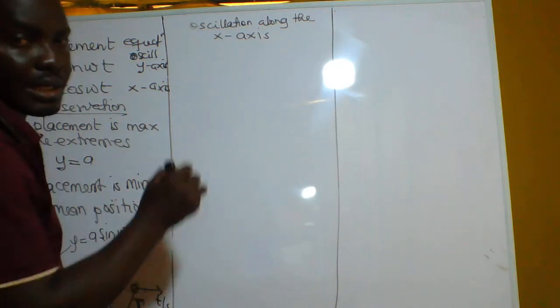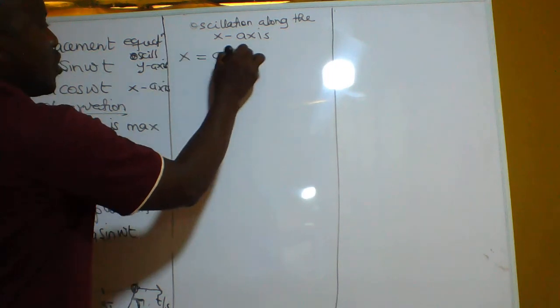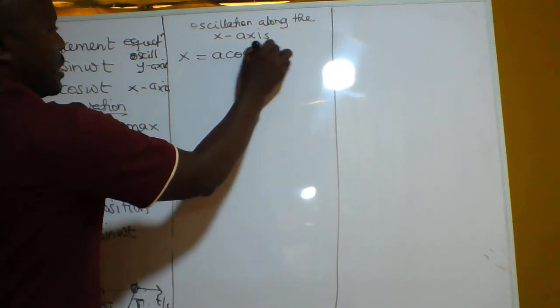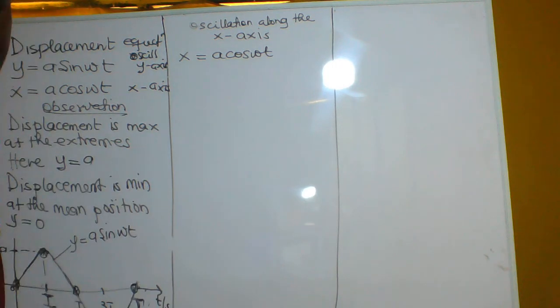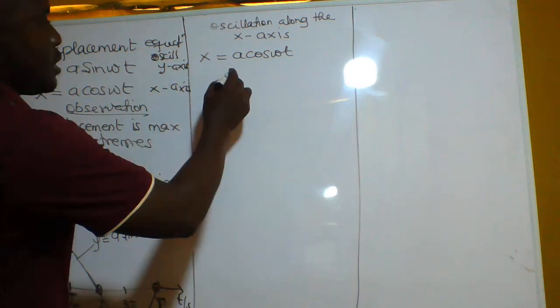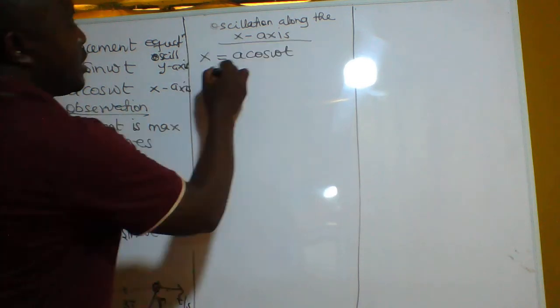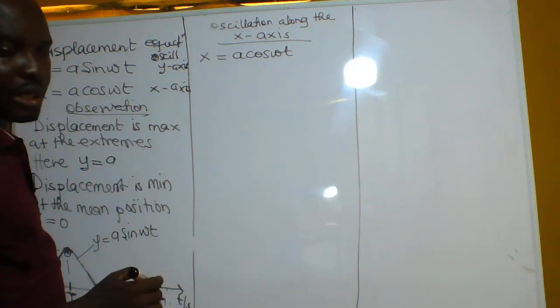Along the x-axis, the displacement x is equal to A cos omega t. So we are considering displacement along the x-axis. x is equal to A cos omega t.